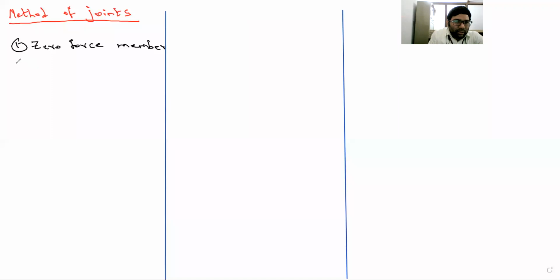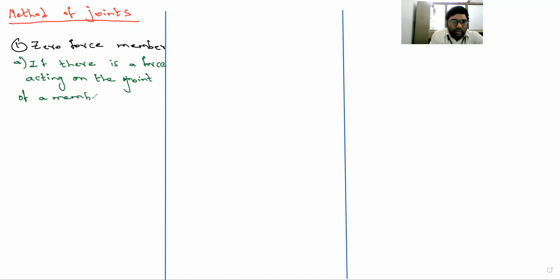Under that case one, if there is a force acting on the joint of a member, so that is the first case. So let me show that to you by sketching now.